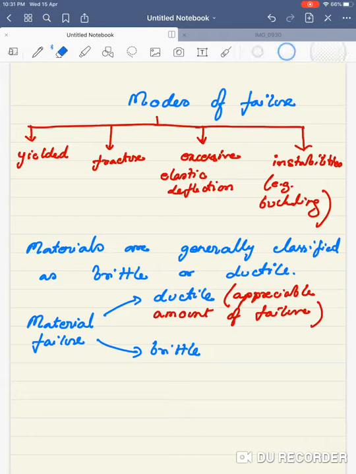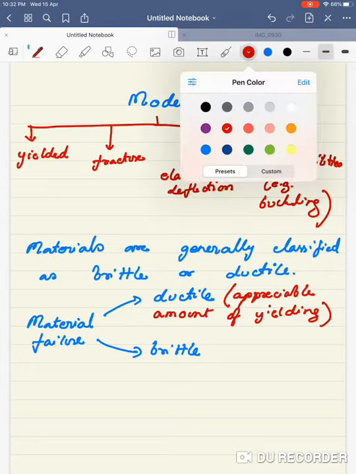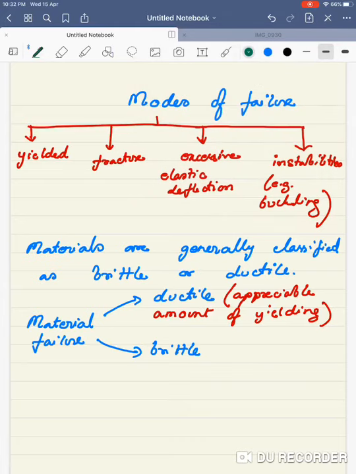Appreciable amount of yielding before failure. I don't have space, so I'm not going to write that. So what I mean is, an appreciable amount of yielding occurs before failure. And what are good examples of that?